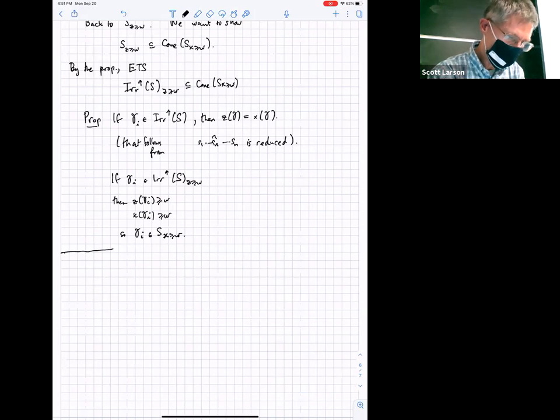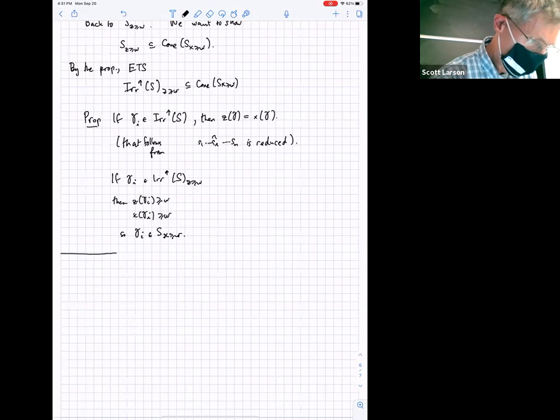So why is this proposition true? I guess what I want to say is, this is connected to some related notion of decomposition. Maybe let me back up for a second.